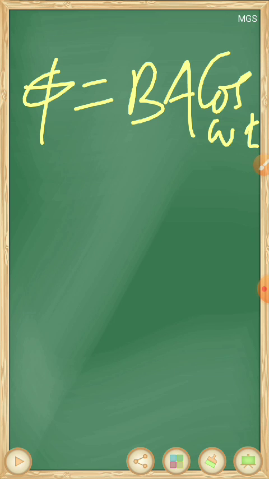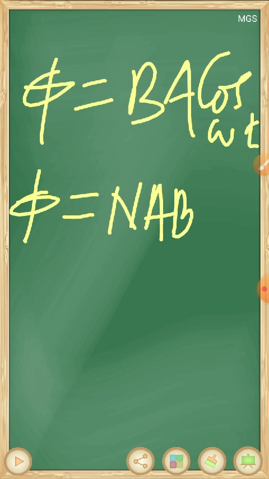Now if N is the total number of turns present in the coil, then this magnetic flux is written as N A B cos omega t.